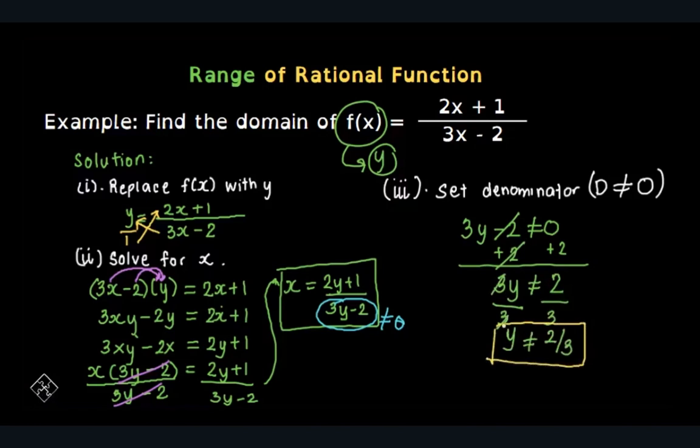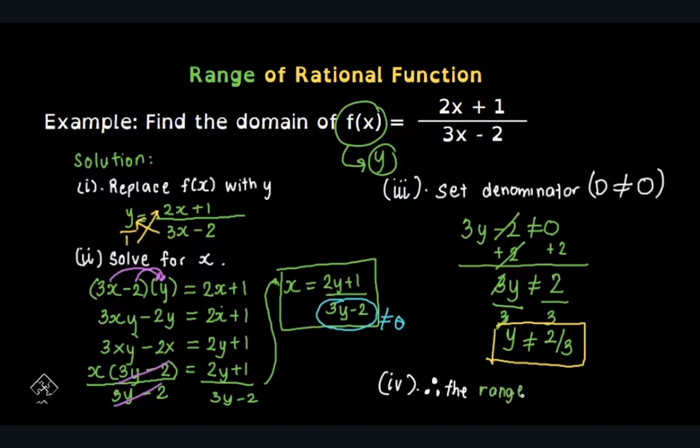Pero, ang tamang representation ng final answer natin would be our step 4. Okay? Ang step 4 natin, ganito natin susulat yung final answer. Therefore, the range, okay? Yung 3 dots na yan, therefore yan ha. Symbol lang therefore.